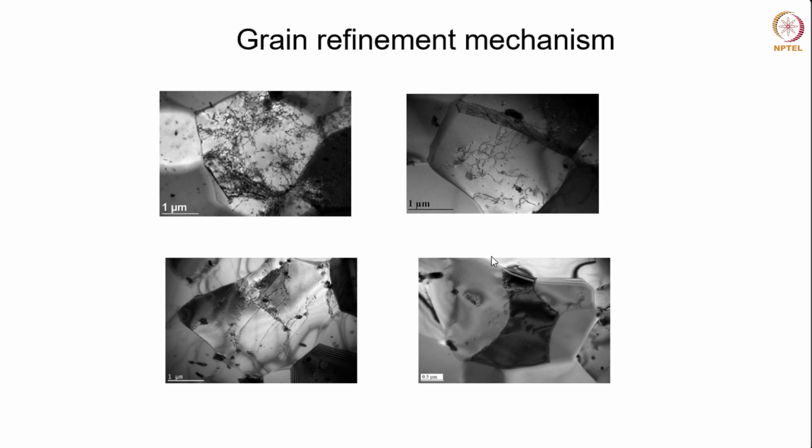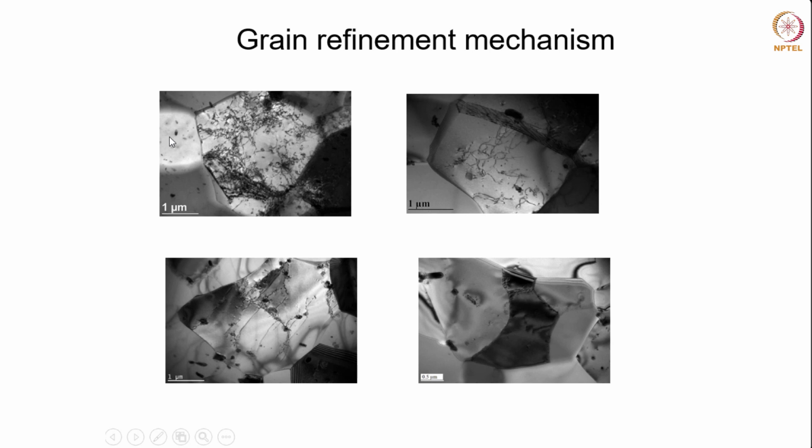Here you can see some transmission electron micrographs, captured on aluminium based samples after deforming them severely. You can see some dislocation structures here, and in the first micrograph, a lot of dislocations have built up inside this particular grain. The dislocation density here is quite high in this grain.